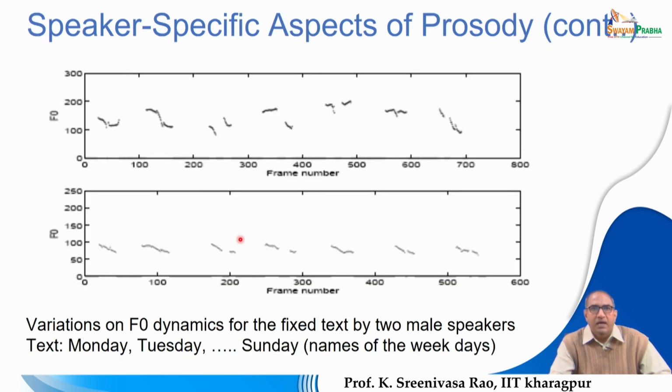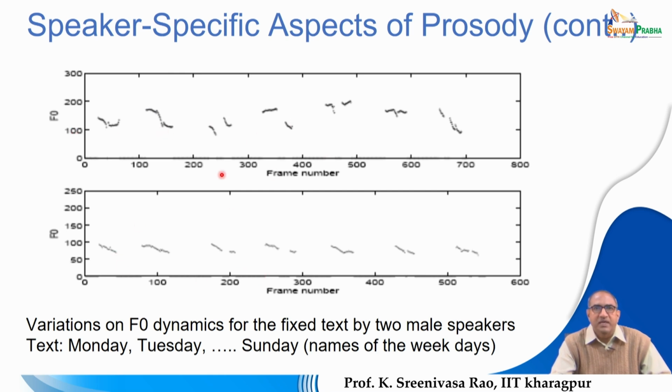And similarly, if you look at the dynamics of prosody, here two different speakers are uttering the days of the week, like Monday, Tuesday, Wednesday, and so on. The top plot shows the pitch contour when uttering Monday, this is for Tuesday, this is for Wednesday, this is for Thursday, and so on. This is for a particular speaker, and this is for another speaker.